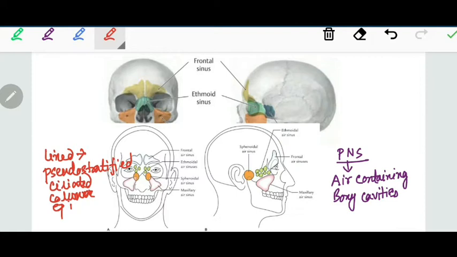One thing to be noted is that the nasal cavity itself is lined by three types of entity.